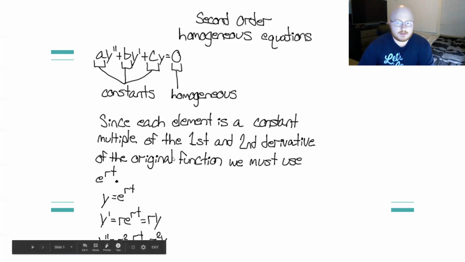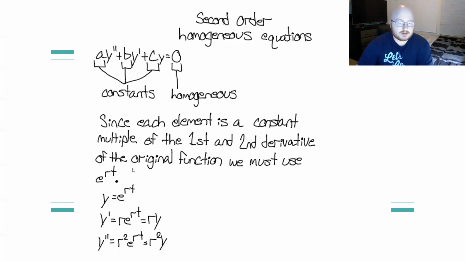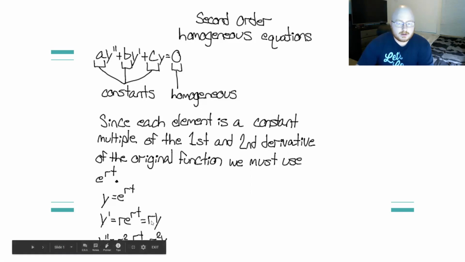Since each element is a constant multiple of the first and second derivative, we use e to the rt, because when you take the derivative of e to the rt, it's simply a multiple of y.